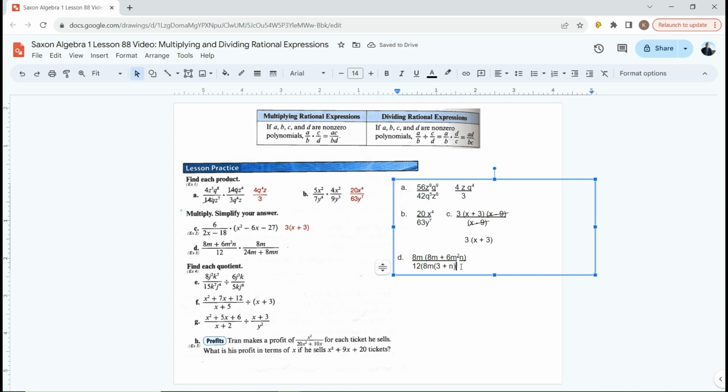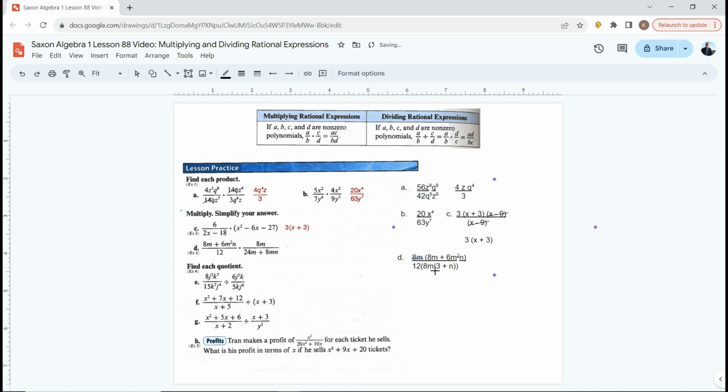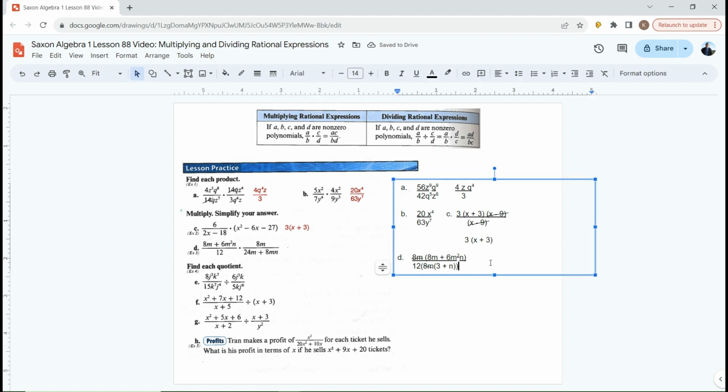So 8m times 3 plus n in the denominator times 12. But one of the things I notice is that I have an 8m as a factor in the denominator and an 8m as a factor in the numerator. Anytime I have the same factor in the numerator and denominator, I can cancel. Okay, I'm going to rewrite this and we're going to see if there's anything else we could do with it. I think there's going to be.